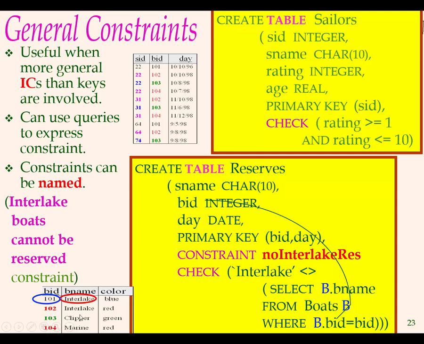I'm going to select from the boat's name. If they have to be different than interlake, then I'm going to look in the reserves and only get the name, but they cannot be interlake. So that's a pretty powerful constraint that you can set.